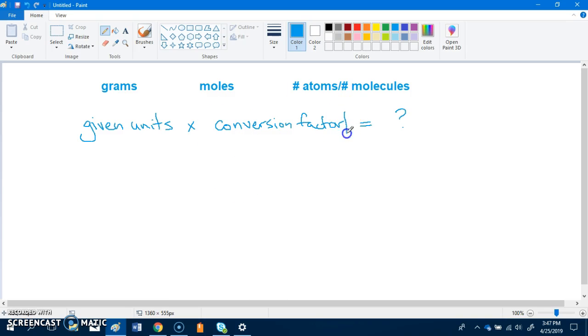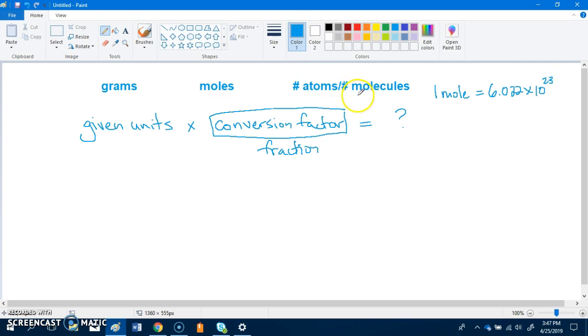As I said, conversion factors are in the form of a fraction, and it's basically any equivalent conversion that we're looking at. So for instance, we know that 1 mole is always equal to 6.022 times 10 to the 23 atoms if we're talking about individual elements, or molecules if we were talking about a compound. This is a conversion statement.